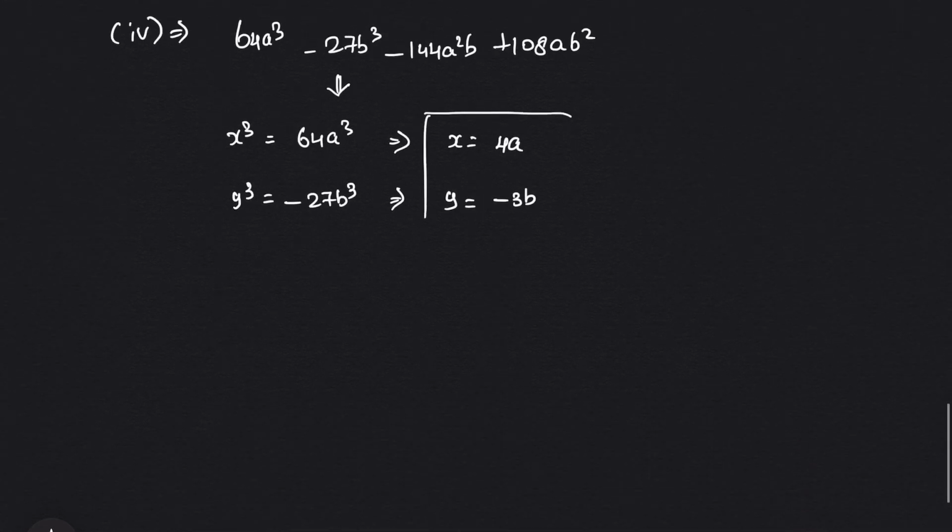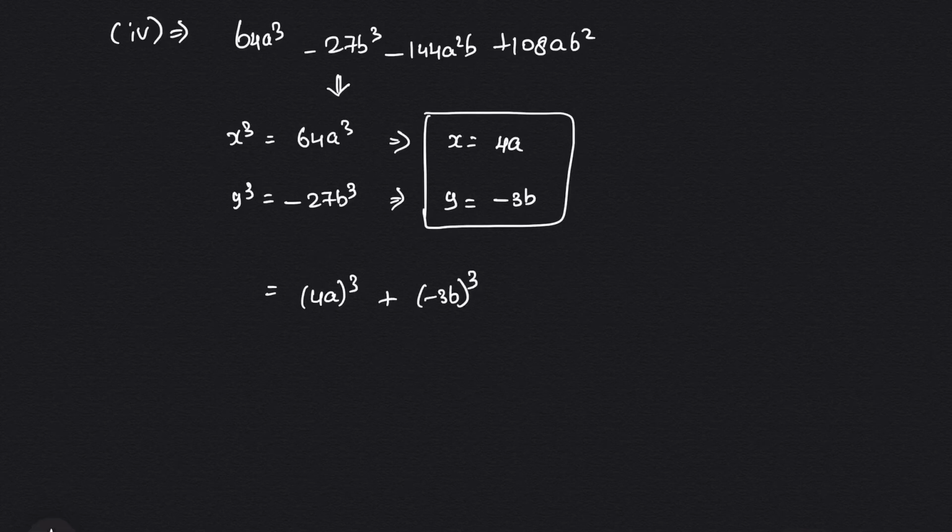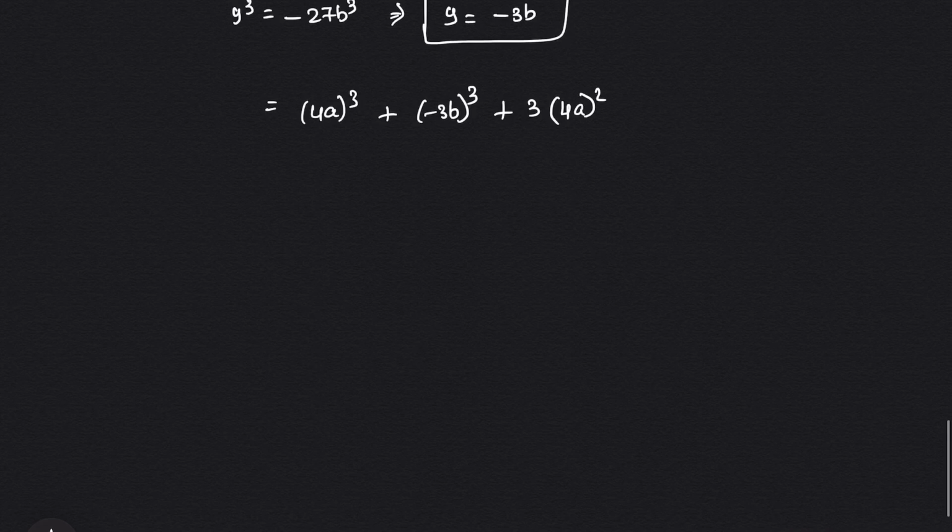So just replacing the general formulas here. 4a whole cube plus minus 3b the whole cube plus 3 is multiplied by 4a square, then the value of y is equal to minus 3b. Just substitute the minus 3b plus 3 is multiplied by again 4a, then minus 3b whole square.